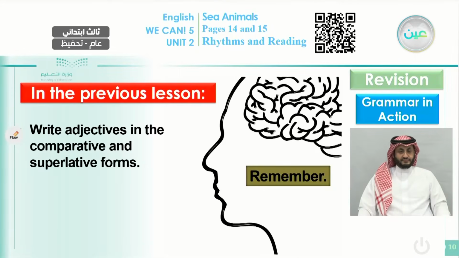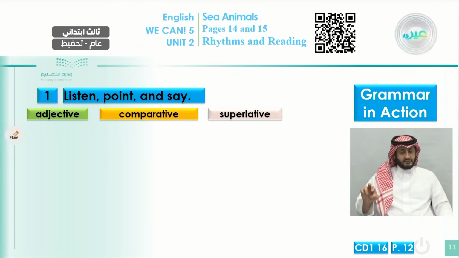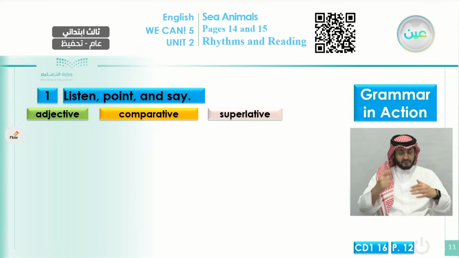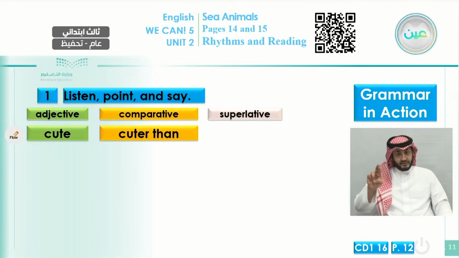Excellent. And also in the previous lesson, you studied how to write adjectives in the comparative and superlative forms. When we have an adjective, we can use ER plus than to make the comparative. And we can also add EST to this adjective, preceded by the, to make the superlative. Like what? If we have the adjective cute and we want to compare two things using this adjective, we say cuter than.